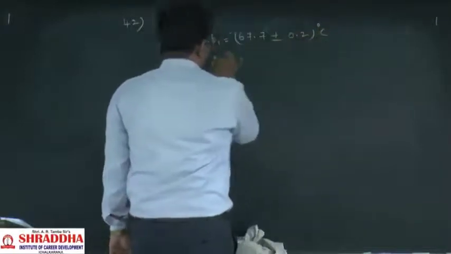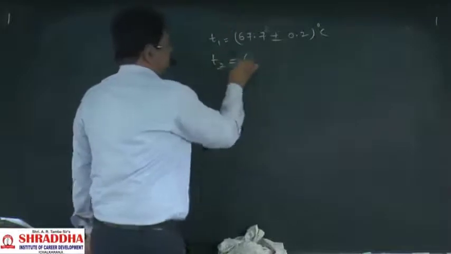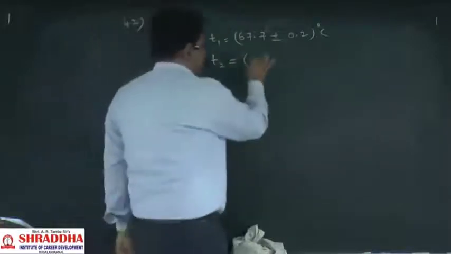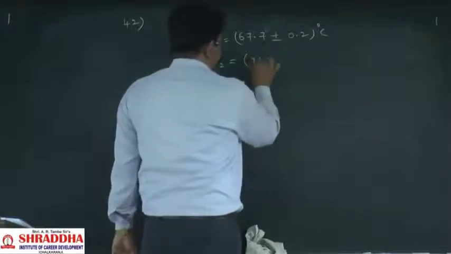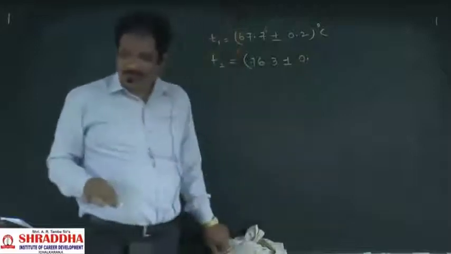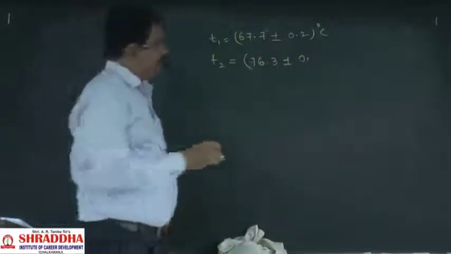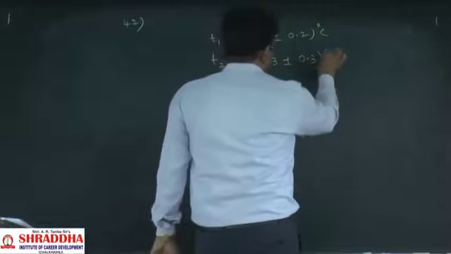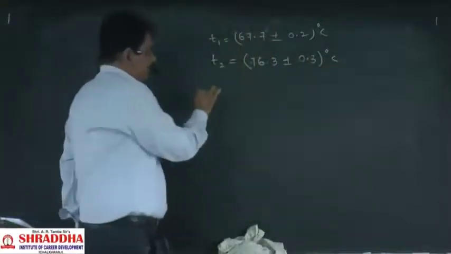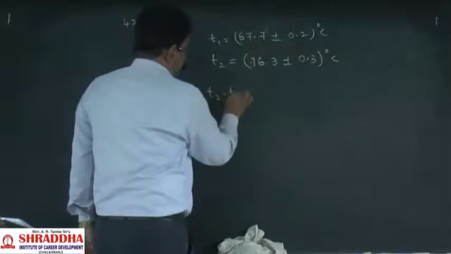degree centigrade. T2 is equal to 76.3 plus or minus 0.3 degree centigrade. What is the temperature difference?